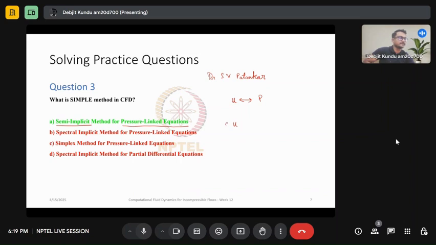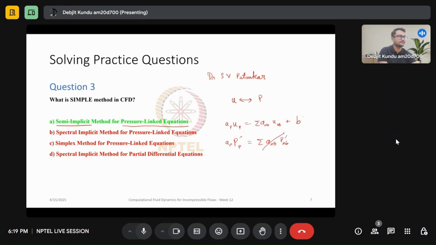So there we have something like A_P U_P equal to sum of A_NB U_NB plus some pressure term and some source term, which I'm taking into account within this B. So this equation is implicit, but later on we also solve a pressure correction equation in which we drop the neighbor term, the U_NB terms, and B prime.